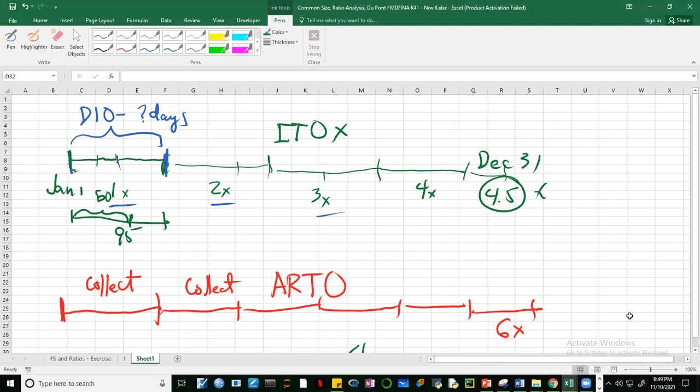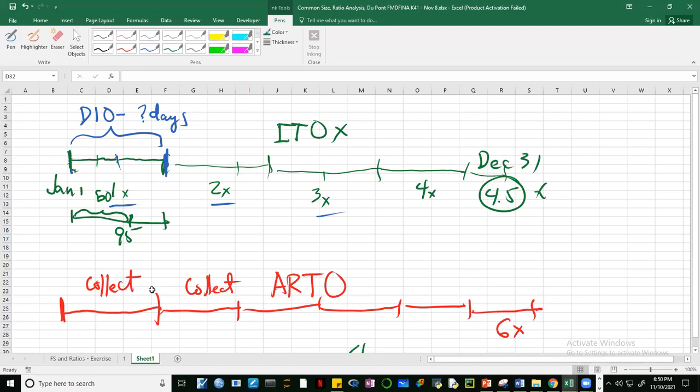So kung mas mabilis to, guys, kung mas maiksi to, ibig sabihin kung mas malaki yung ARTO, right? Kung mas malaki, ibig sabihin mas maraming beses na gagawa sa isang taon, then it means, guys, that mas maliit yung day sales outstanding.